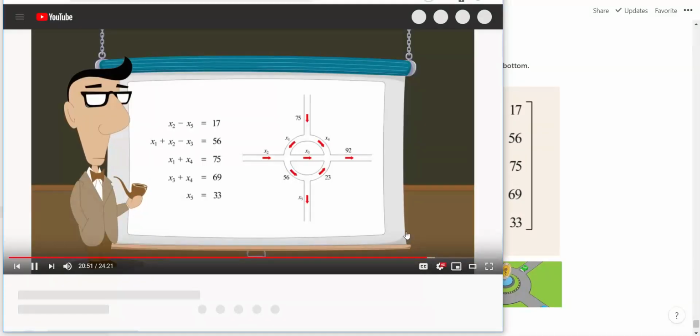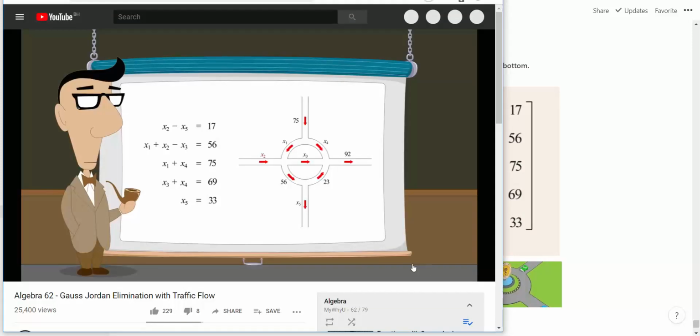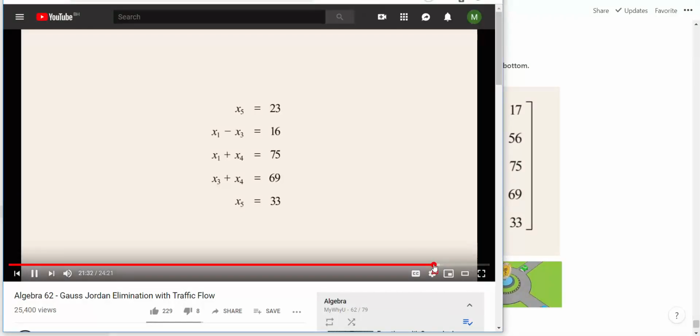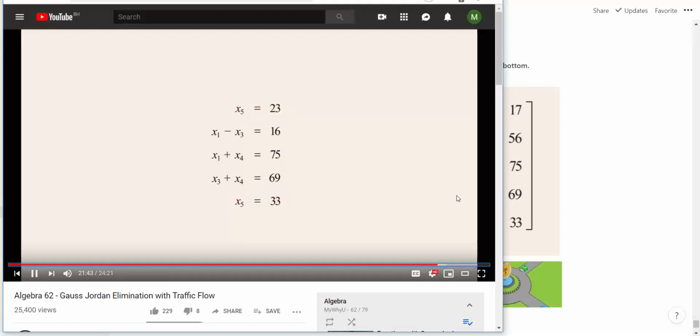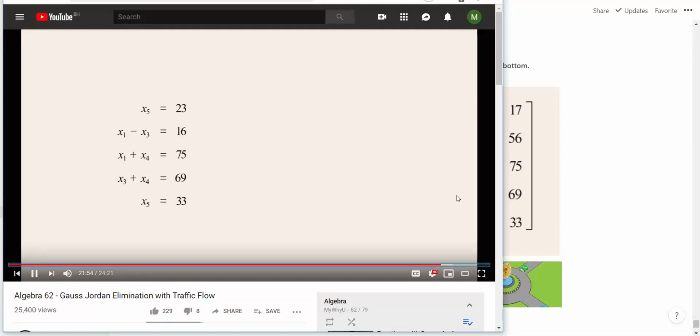With a measured traffic flow value of 40 vehicles per hour for x2, the equations x5 equals 23 and x5 equals another value are inconsistent. However, let's go through the process of Gauss Jordan elimination anyway, just to show what happens.